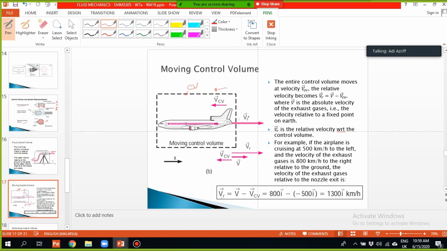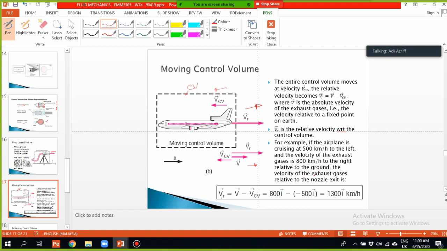Then the relative velocity direction is toward the right. So the engine produces a velocity toward the right, which is the effect of the engine. For example, if the aeroplane is cruising at 500 km per hour to the left, and the velocity of the exhaust gas is 800 km per hour to the right.